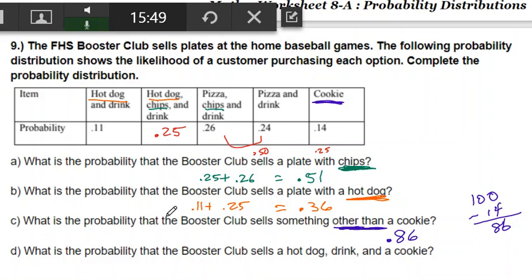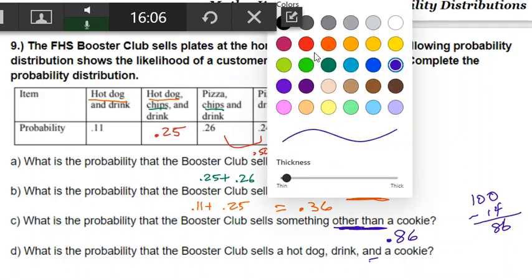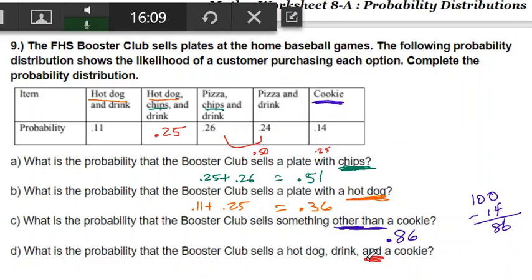Now this is a tough one, because when they say hot dog, drink, and a cookie, there's a hot dog and a drink, and there's the cookie. But they don't overlap. Well, by this language, I don't think you can add those together.